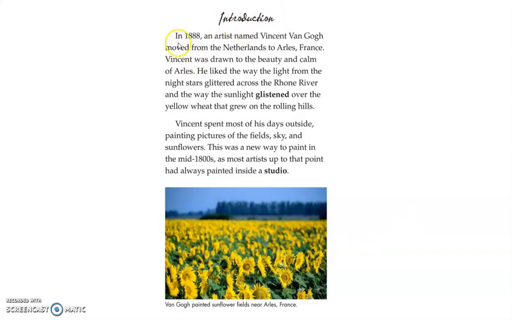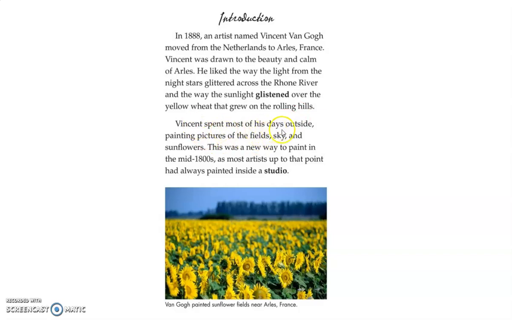Introduction. In 1888, an artist named Vince van Gogh moved from the Netherlands to Arles, France. Vince was drawn to the beauty and calm of Arles. He liked the way the light from the night stars glittered across the Rhone River and the way the sunlight glistened over the yellow wheat that grew on the rolling hills.